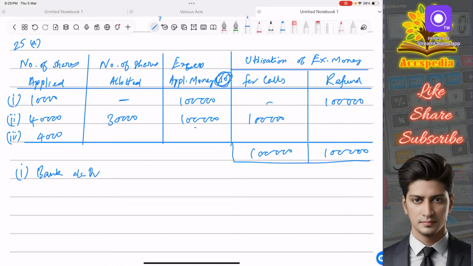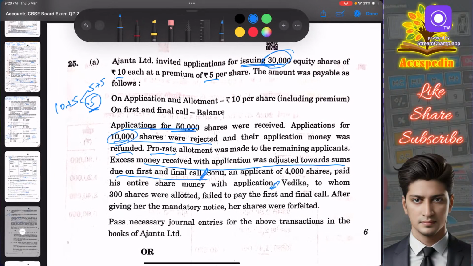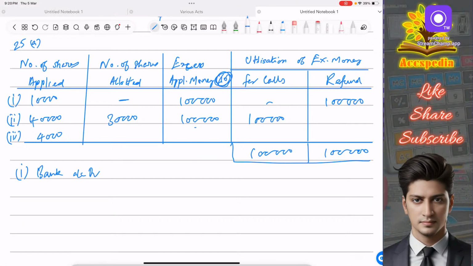4,000 shares applied. 4,000 applicant. So that means she would have got 3,000 shares. So now subtract this 40,000 and then the 4,000. Subtract: 36.